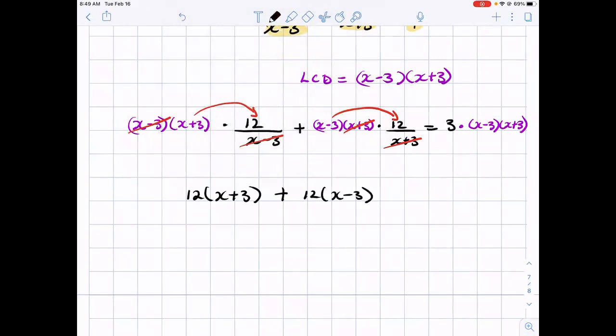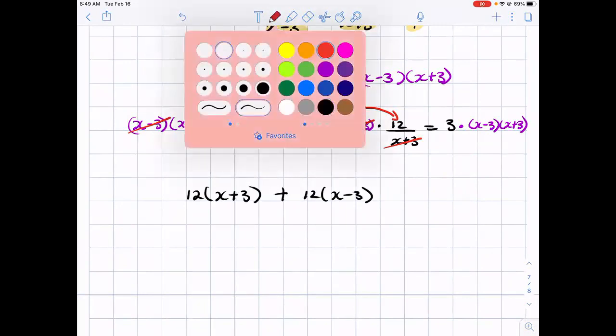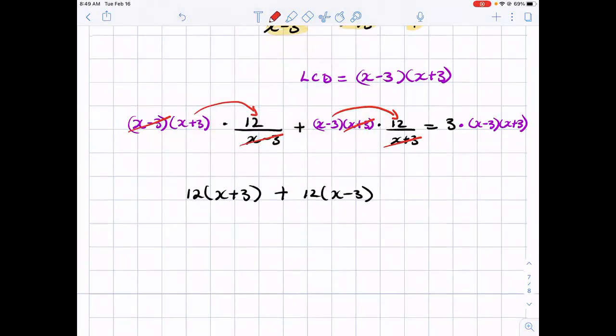And over here, we just multiply these out, right? Because 3 over 1 is 3 over 1, so it doesn't matter. Everything has to be multiplied. So that gives me 3 times x minus 3 times x plus 3.